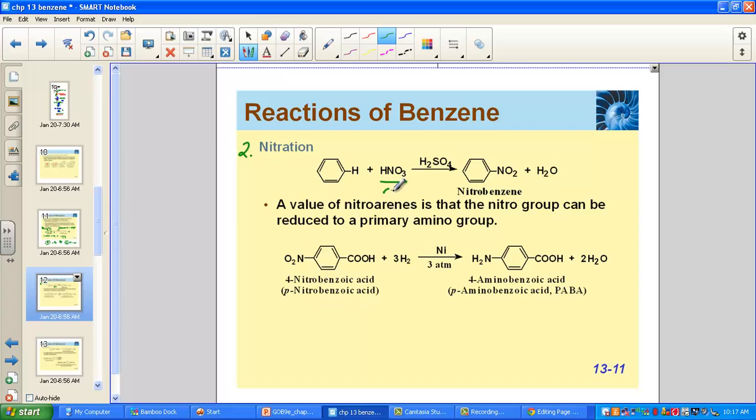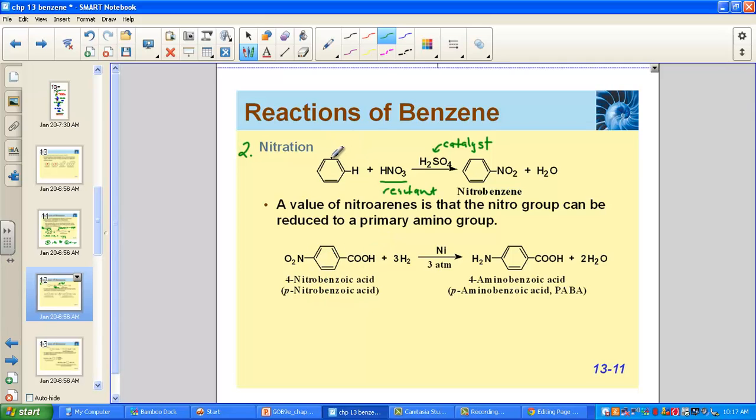Nitric acid is a reactant. Sulfuric acid is acting as the catalyst. Just as we used the acid in the alkene reaction mechanism, sulfuric acid is required as the catalyst in the nitration benzene substitution. Let's take a look at what's happening.